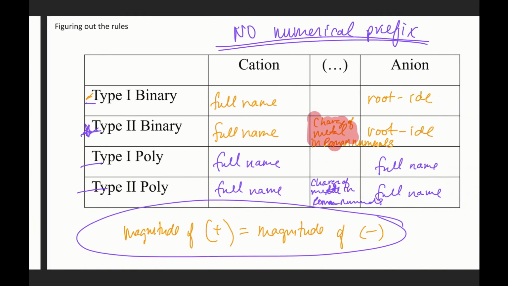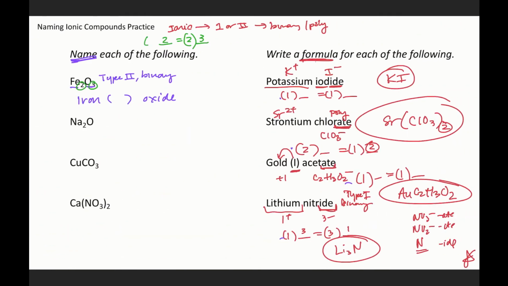So I just need to figure out what this charge is. This is like our X. So what must X be? X must clearly be 3. So that means this is iron 3 oxide. Does that make sense?